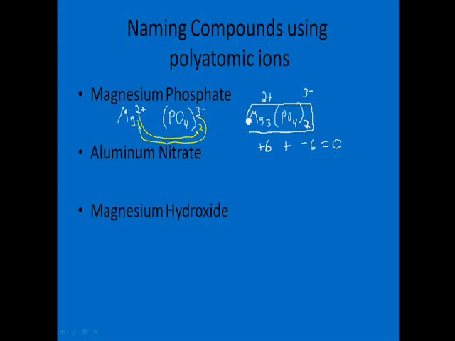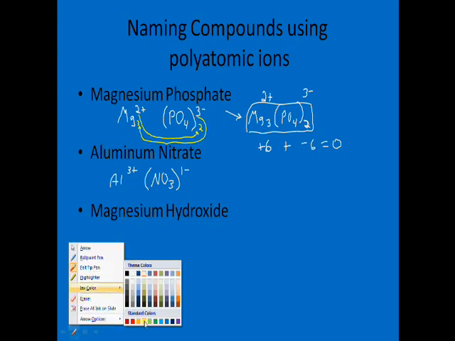Aluminum nitrate. Aluminum 3+. Nitrate is NO3, the whole thing, 1-. If I use the crisscross method, I'm going to need 1 species that's 3+.